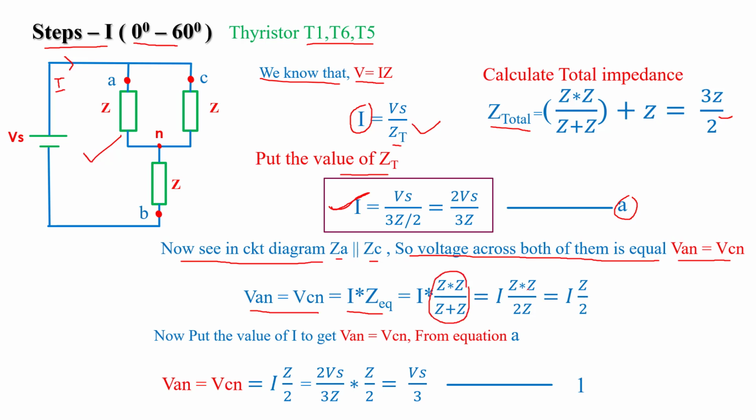So I times Z times Z divided by 2Z. Z cancels, and we get IZ by 2. Now put the value of I from equation 1. I equals 2Vs divided by 3Z, multiplied by Z by 2. Z cancels, 2 cancels, and we get Vs by 3. This is the value of VAN equals VCN.